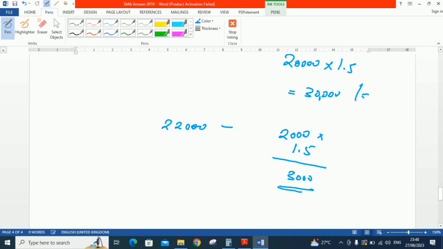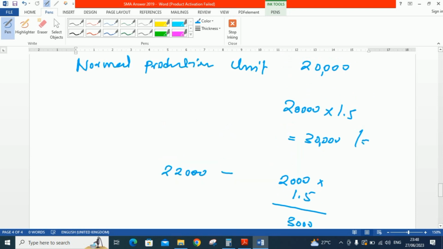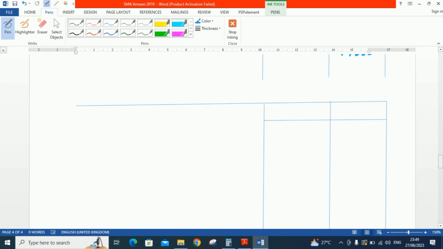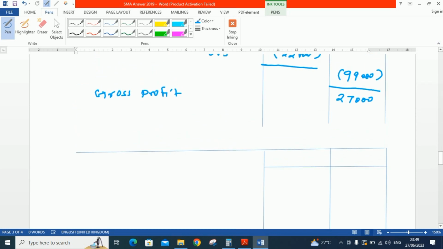So it should be added to profit as the over absorption. Over absorption 3,000, so net profit is 30,000.